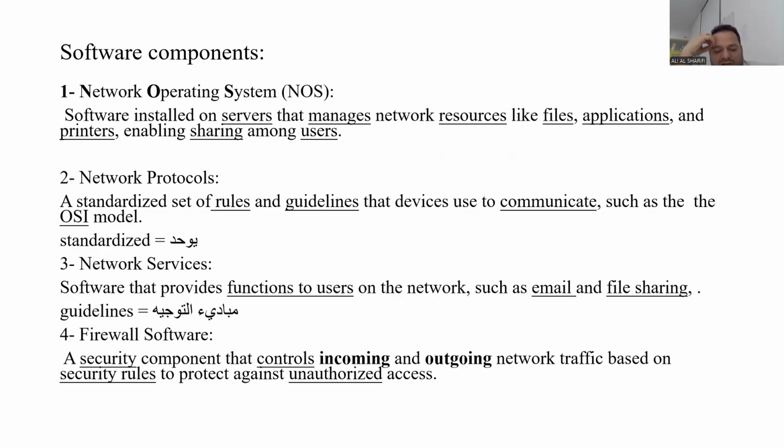The last one, and as I see, the most important one, is the firewall software. It's to protect your system, your device, software and hardware. It's a security component that controls incoming and outgoing network traffic based on security rules, to protect your software and hardware parts against unauthorized access.